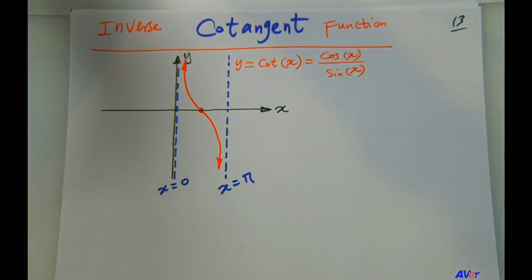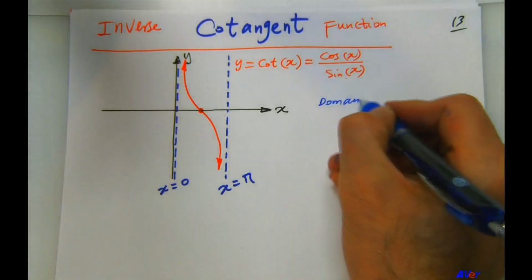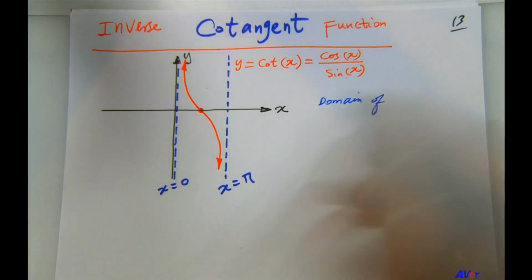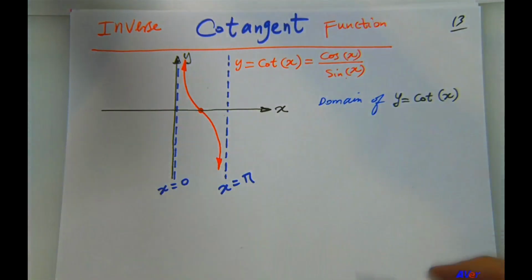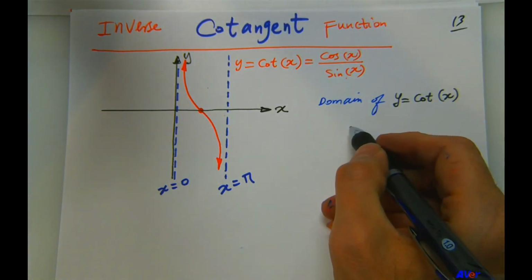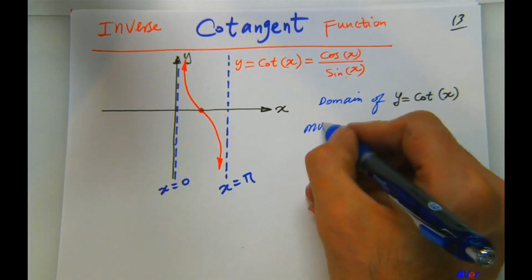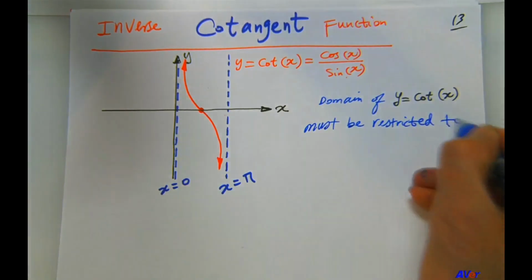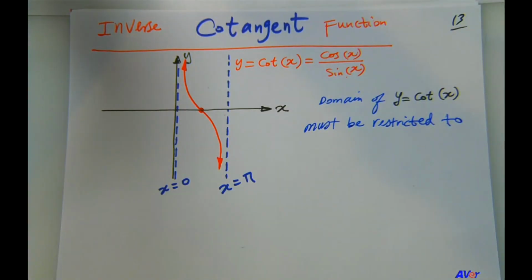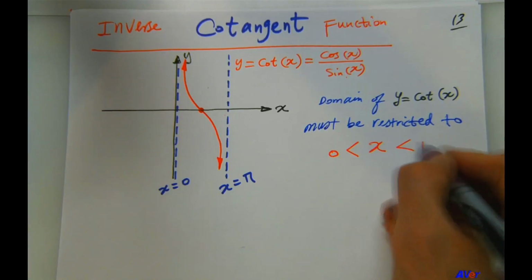So the restricted domain of y equals cotangent of x must be restricted to 0 to pi, right? So x must be between 0 and pi.